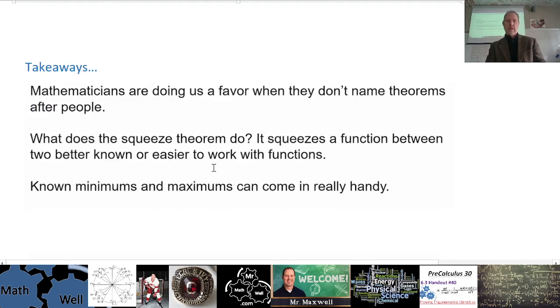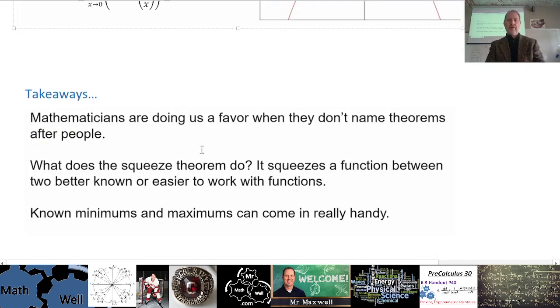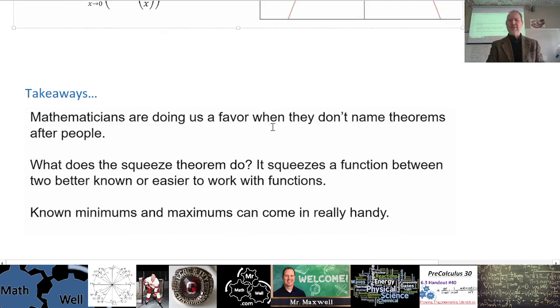All right. Okay, we are going to do some more examples, but let's just talk about some takeaways so far of the lesson. So this is called the squeeze theorem, which helps us to remember what this theorem is all about. This little note here is that when theorems are named after mathematicians, it's a little tough to remember what the theorem is or how it works, right?